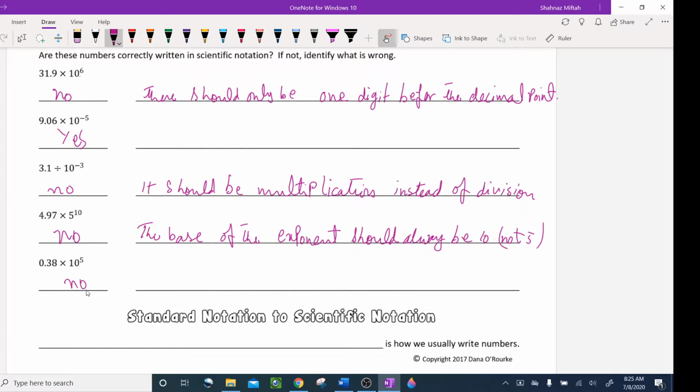So it's no. The first number should be greater than or equal to 1. So that was a mistake in here.